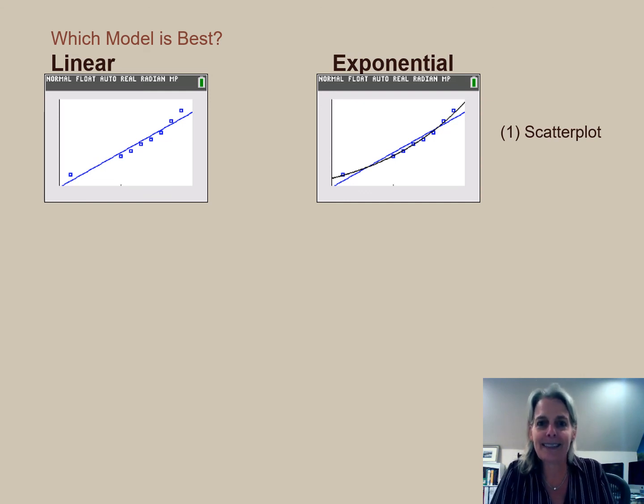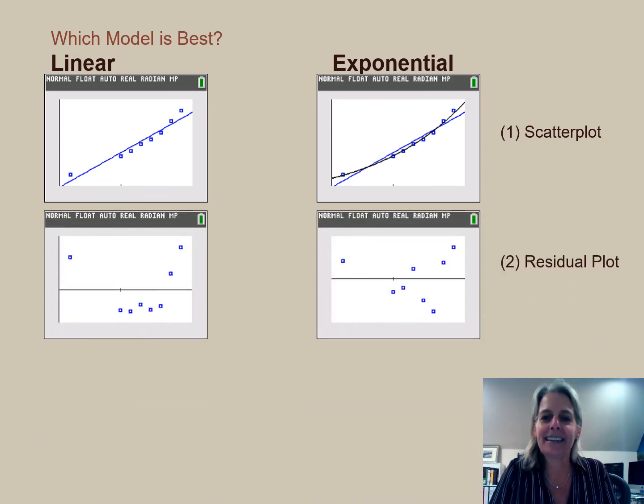So clearly the black curved model is a better fit for the data. So I want to look at my scatter plot. The second thing I want to look at is the residual plot. The residual plot on the right is not perfect, but it's a lot better than the one on the left. So you're just going to compare the two to figure out which one is more scattered and less of a pattern.